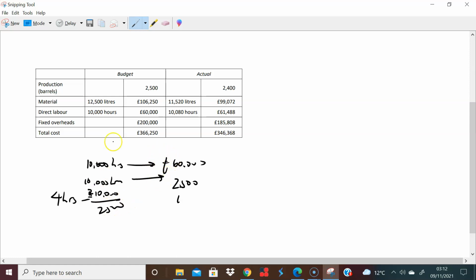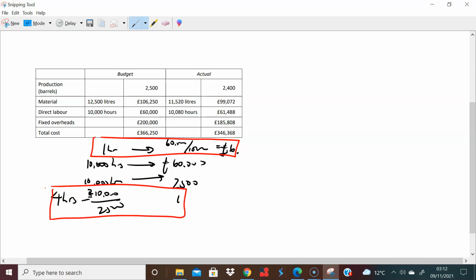And we also know that 1 hour should cost 60,000 over 10,000, which is equal to £6. So we have our standards. I'll just change my pen color. These are our standards: 1 hour should cost £6, and one barrel should take 4 hours.